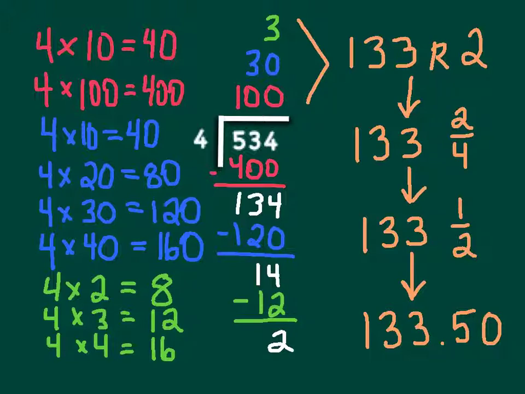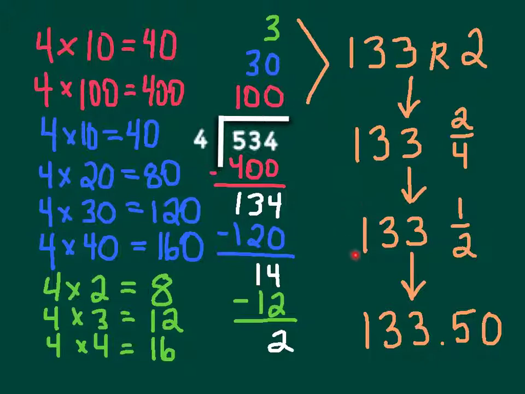To make sense of the problem, let's go back to our contents in our containers. We have 534 pancakes. If we place 4 pancakes per plate, we can have 133 full plates with 2 remaining.